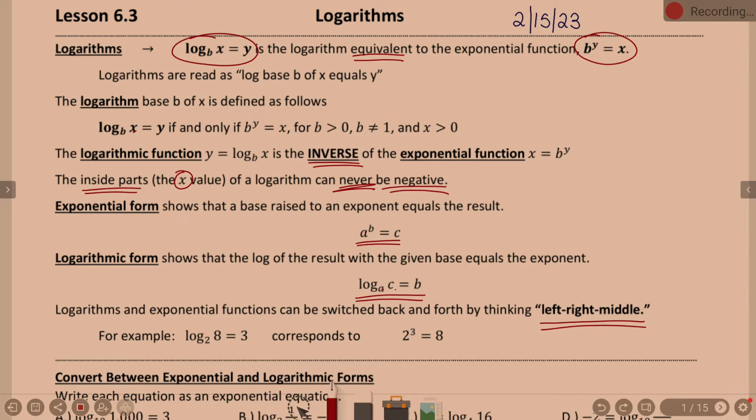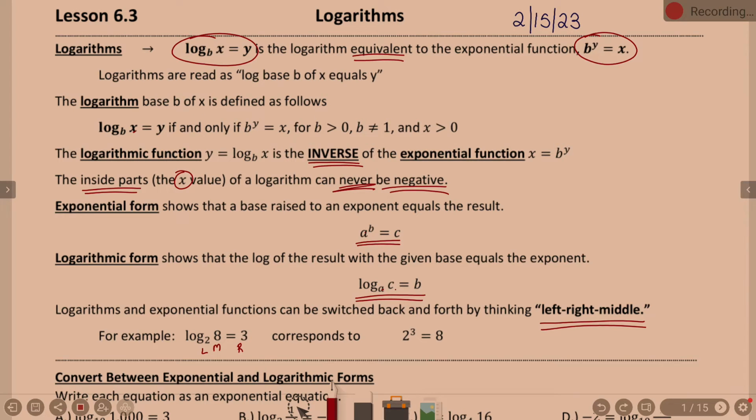With log base 2 of 8 equals 3, 2 is the left value, 8 is the middle value, and 3 is the right value.